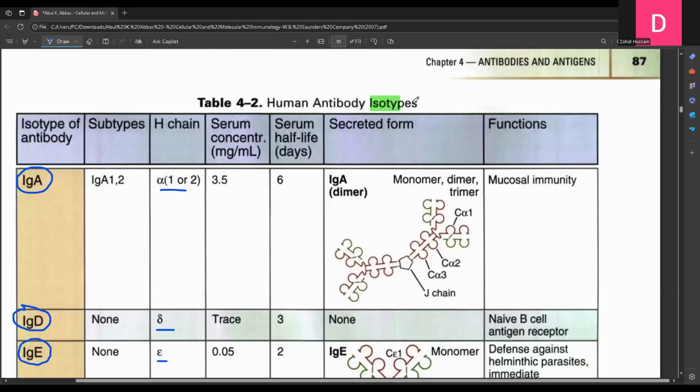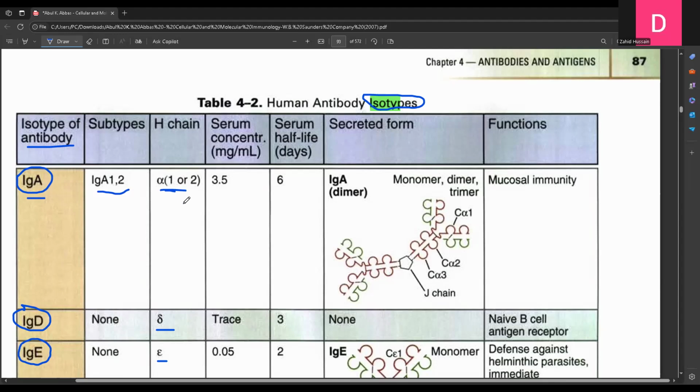So on the basis of these isotypes, there are 5 different types of isotypes, and we have 5 different types of antibodies. If the isotype of the antibody is IgA, it means it will have the alpha chain. And the subtypes are alpha 1 and alpha 2, IgA1 and IgA2.